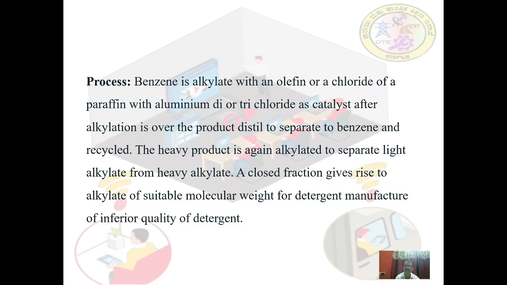Benzene is alkylated with an olefin or a chloride of a paraffin with aluminium di or trichloride as catalyst. After alkylation is over, the product is distilled to separate the benzene, which is recycled.